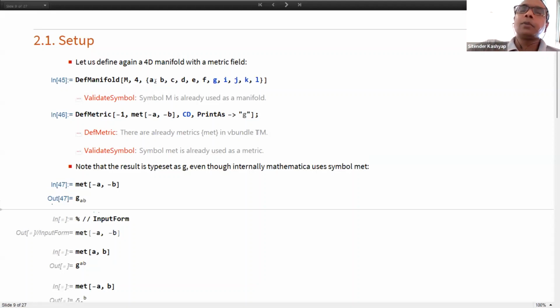Virtually it is limited only by the capacity of your computer. So the dollar indices are for Mathematica's internal purpose when it runs out of indices, which it can relabel as dummy indices. Is that fine? I think that's fine.